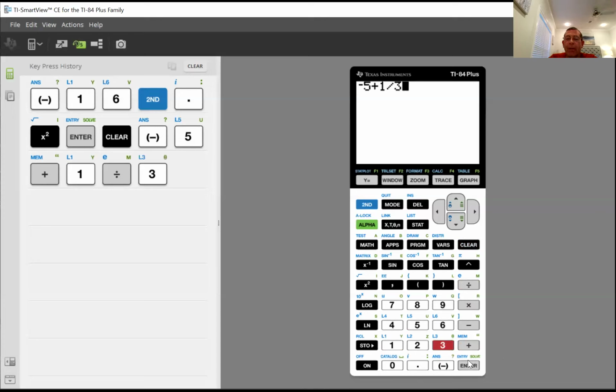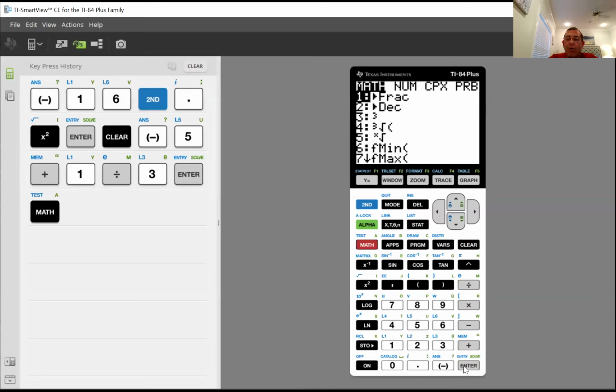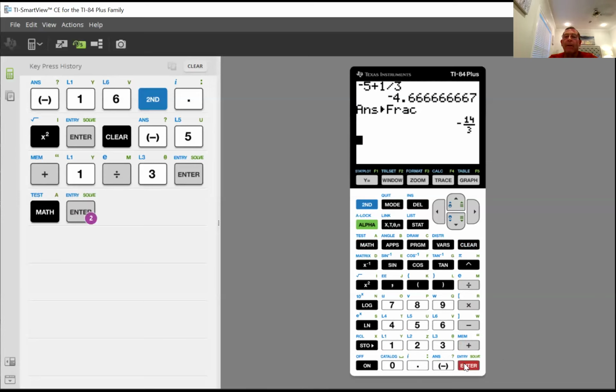All right, I'm going to ask it what it is. It's going to give me a decimal, but remember, I'm going to turn the decimal into a fraction by hitting the math button and then hitting enter twice. So it equals a negative 14/3. So that means I'm going to have an x squared minus 14/3 x minus my 5/3 at the end.